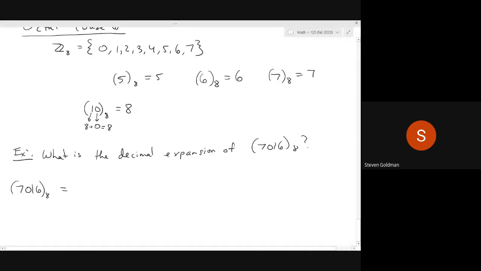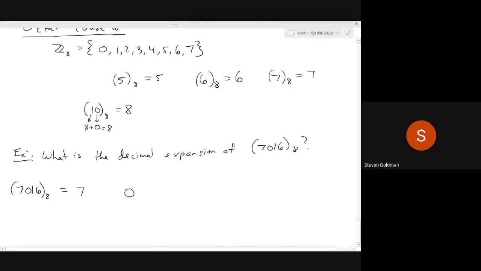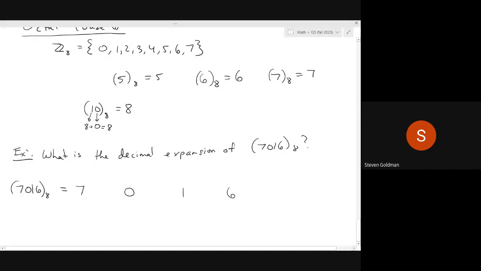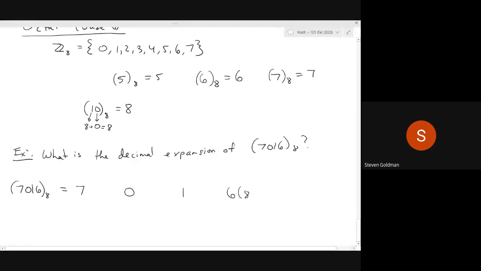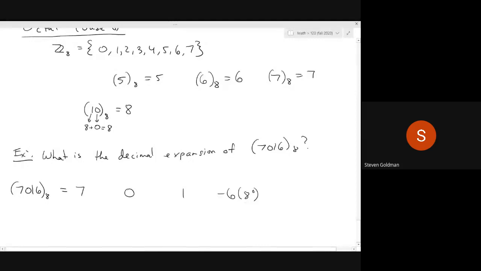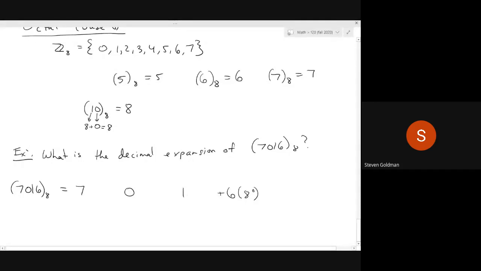We're going to do the same thing we did before. I'm going to write 7016, and I'm going to multiply the digits by powers of 8. Starting all the way on the right with the 6, I'm going to multiply it by 8 to the power of 0. Why am I multiplying by 8? Because 8 is my base now, so everything is based on powers of 8.